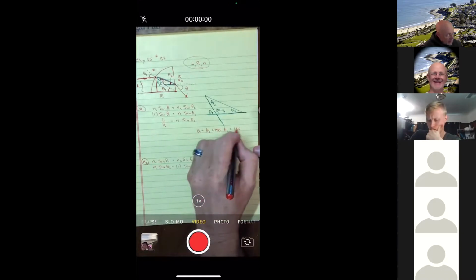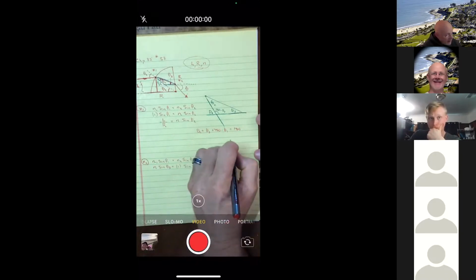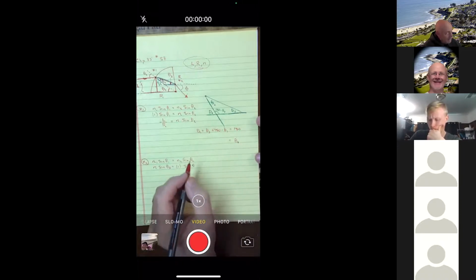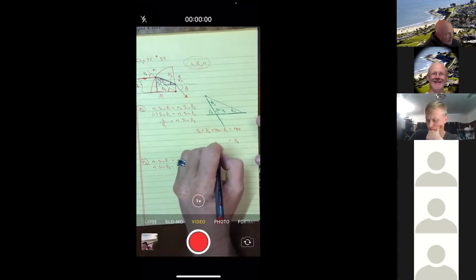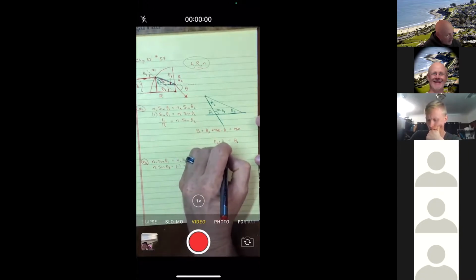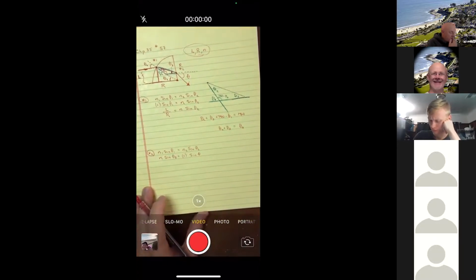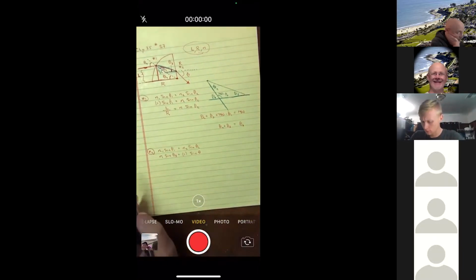So the 180s cancel off, and that tells me that theta 1 would be theta 2 plus theta 3. Is that helpful?